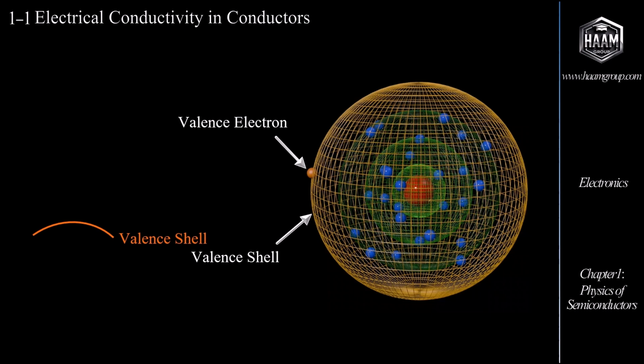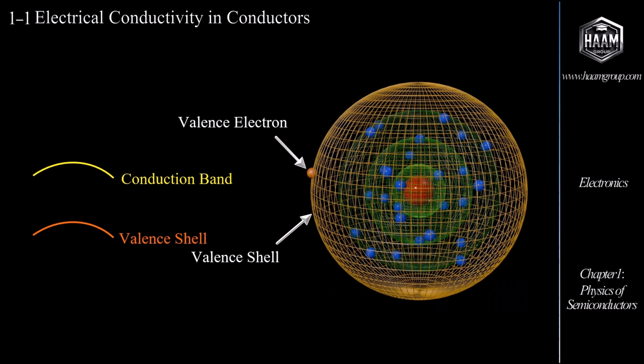The energy required for an electron to break free from the valence shell and move into the conduction band, which is what actually enables the generation of electric current, is called the band gap energy, usually denoted as E_G.